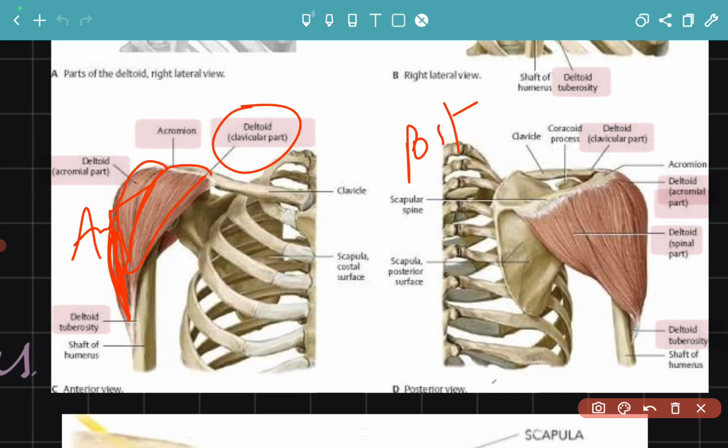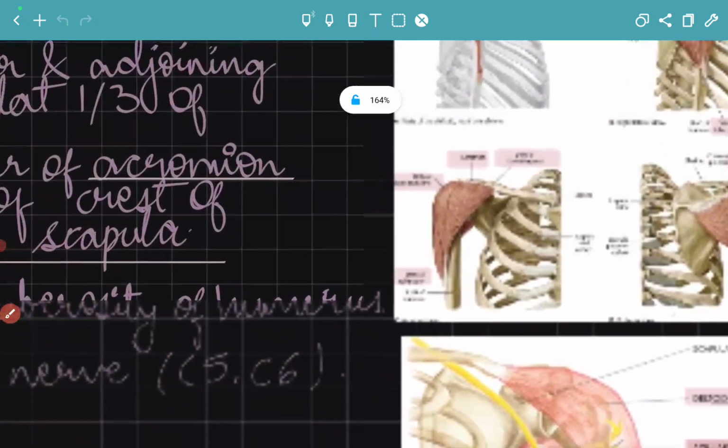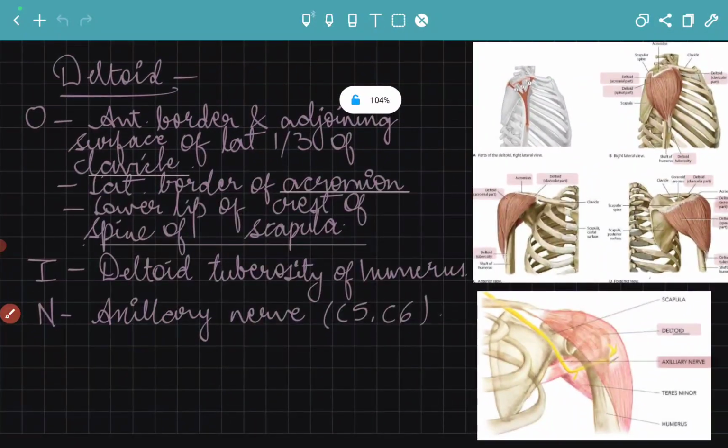In posterior view also, over here there will be clavicular head, then acromial part, can be easily appreciated in this view, and obviously the fibers coming from spine of scapula will be appreciated going to deltoid tuberosity. So this is about origin and insertion.